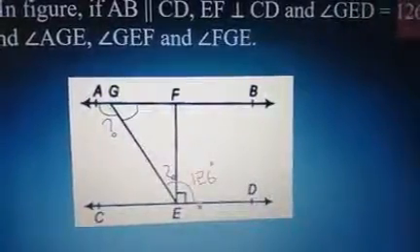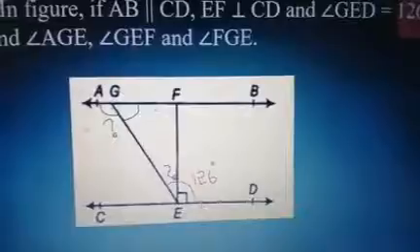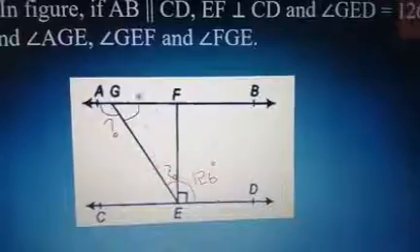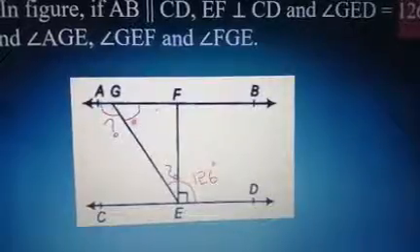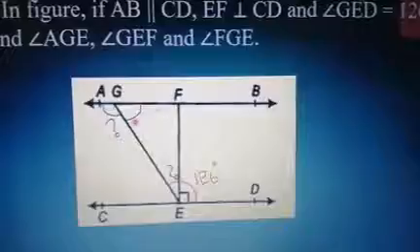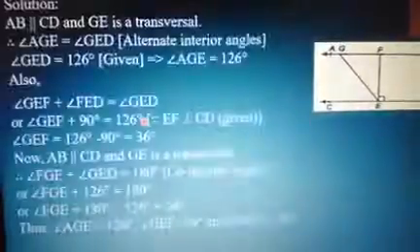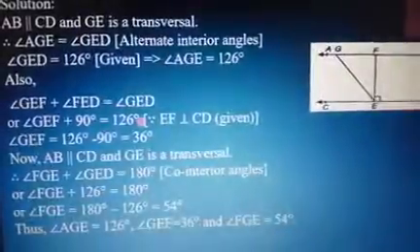So therefore AGE is equal to 126. So this angle is known to us now. This angle also we got. The only thing that is left is this angle. So we know that the sum of these two adds up to 180 degrees. So this is 126, which means this one should be 180 minus 126. That's it. So that's how we are going to identify it.